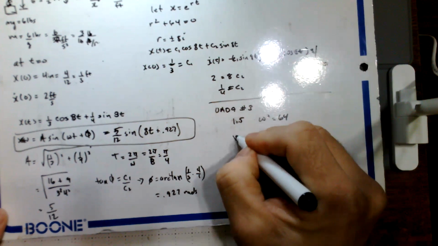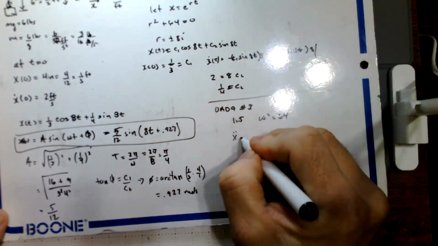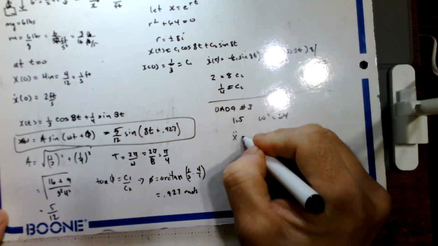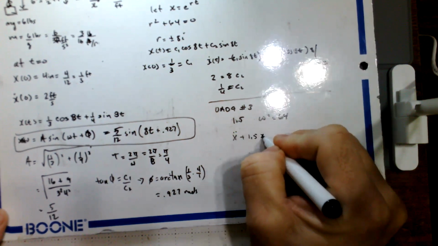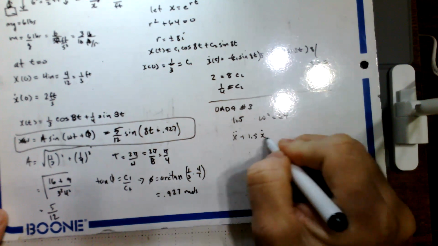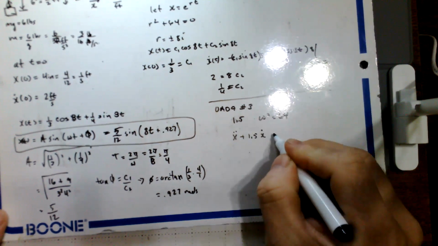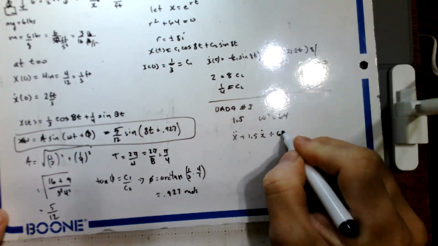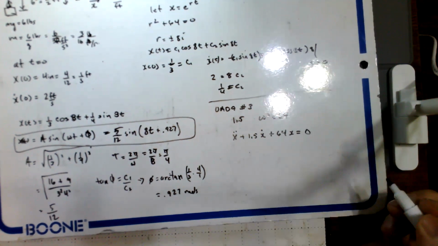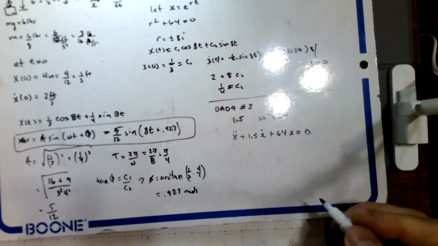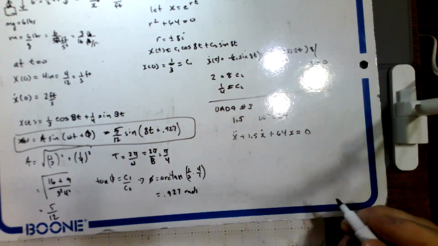So this differential equation is going to be the second derivative with respect to time of the position function, plus 1.5 times the damping term, the first derivative, and then plus 64 times x, and that's going to equal 0. So this is the differential equation that we would try to solve.